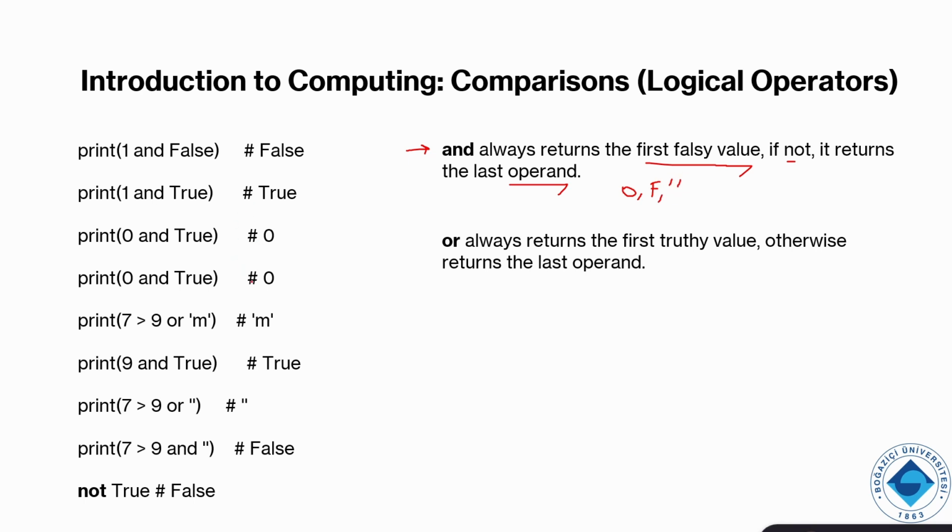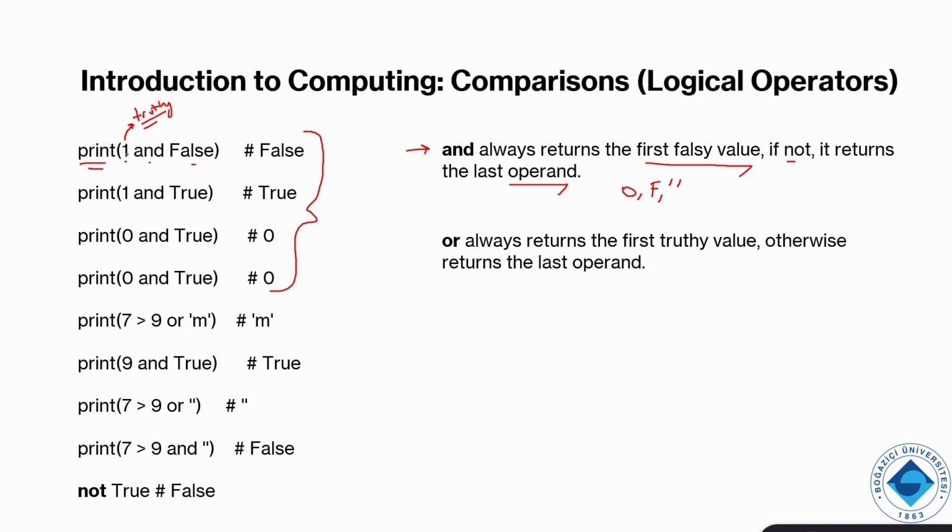If we go to examples about AND, let's check together. If I ask print 1 and false, this operand is a truth value, right? It's not 0, it is 1, so it is a truth value.